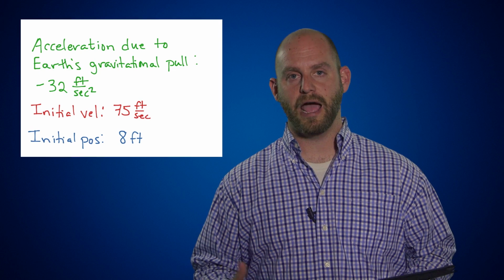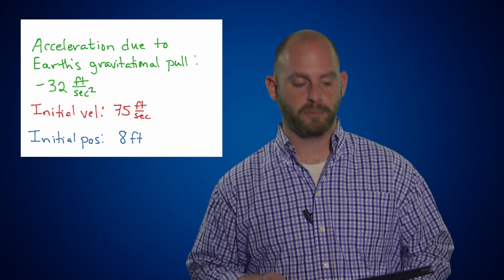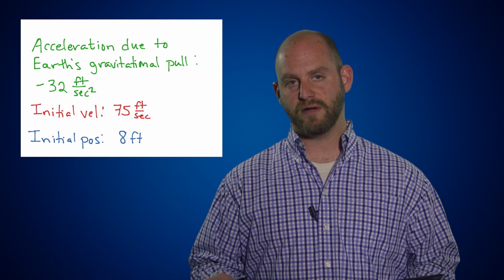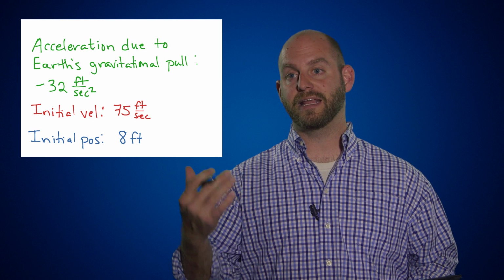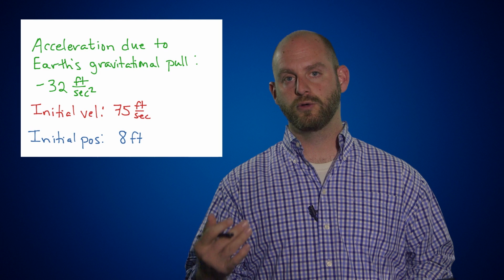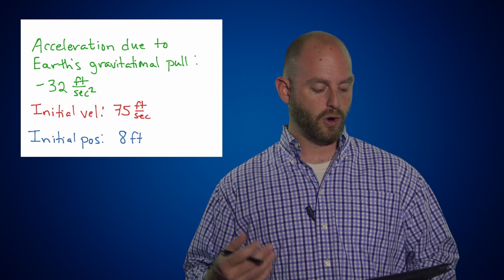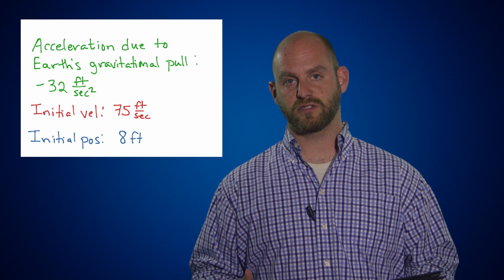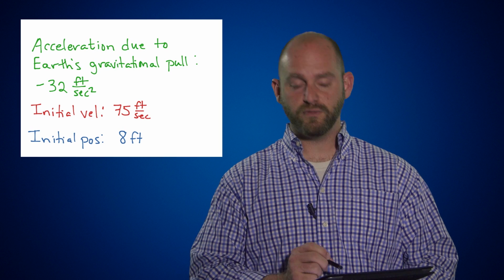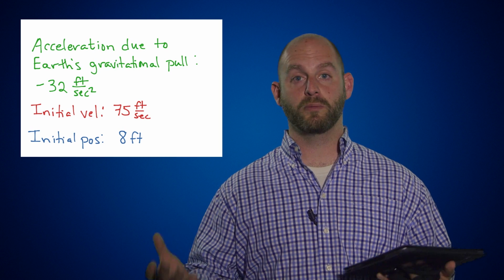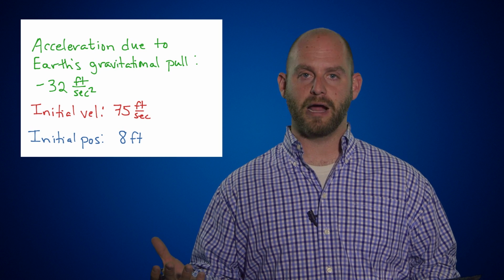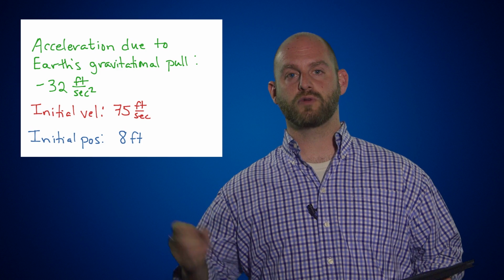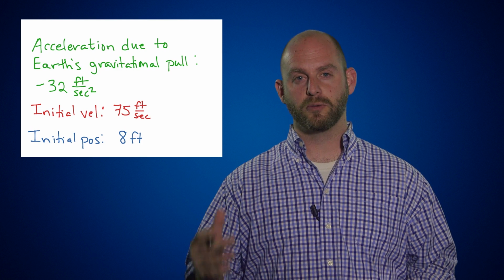We need some initial conditions. We need to talk about what's going to happen. So our favorite NFL quarterback holds the football, and we know that Earth's gravitational pull is going to be fighting against this football at negative 32 feet per second squared. The initial velocity: most NFL quarterbacks can throw between 50 and 60 miles per hour. We're assuming since he's throwing it straight up and not forward that it's going to be a little bit slower.